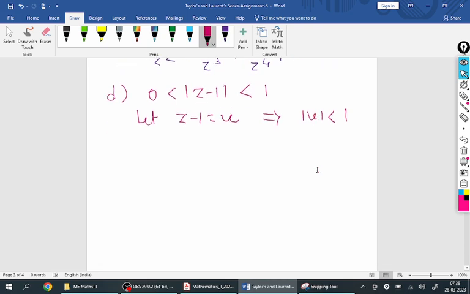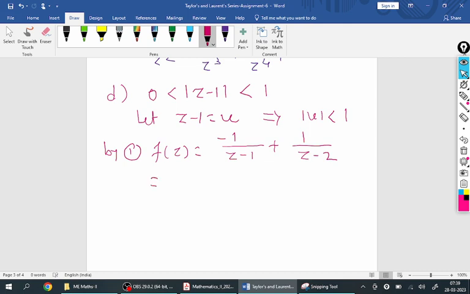So now our given function f of z, that we will convert in terms of u first. So by equation 1 that we obtained at the beginning, which is minus 1 upon z minus 1 plus 1 upon z minus 2, here we have to write it in terms of u.